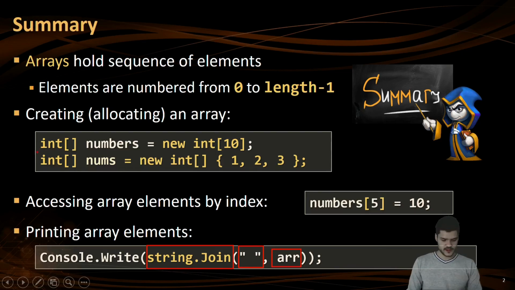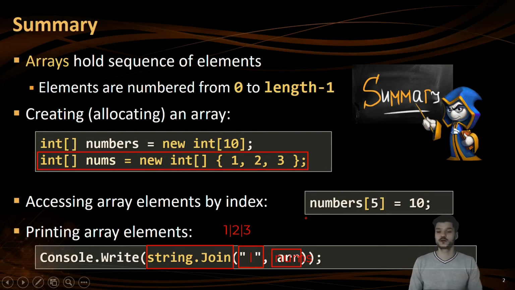Right now, if we have this array, to print it we use nums, the name of this array, and if we have here a delimiter, let's say this delimiter, it's gonna print this array like this: 1, 2, 3, and that's it.